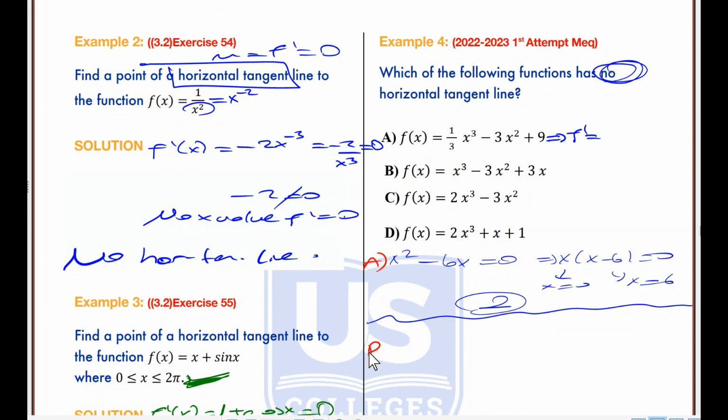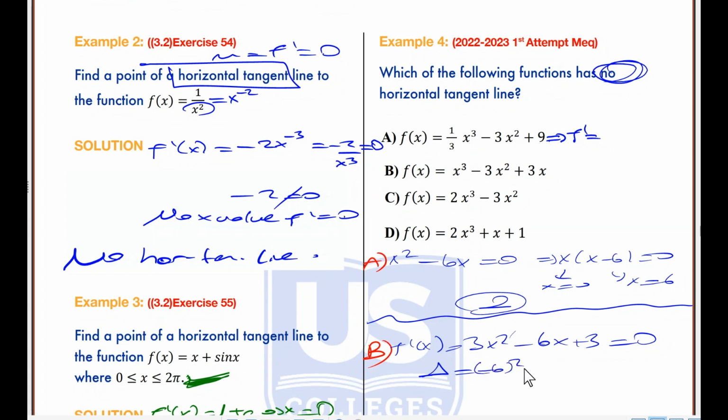Option B. Take the derivative. F prime of x is 3x squared minus 3 by 2, 6x plus 3. When it is 0, what's the discriminant? B squared minus 4ac, right? Your b is negative 6.